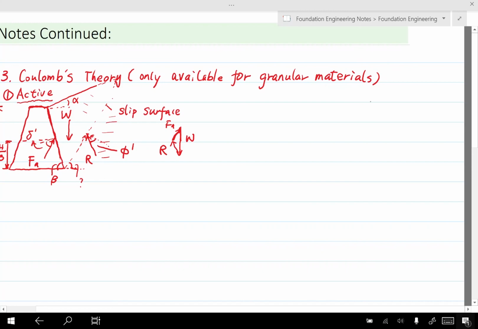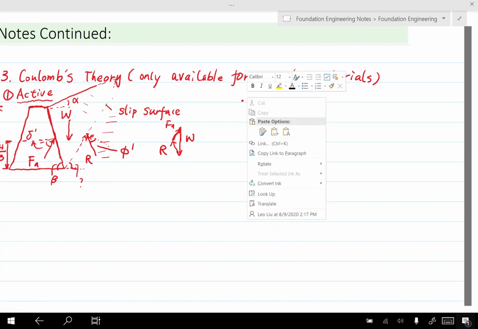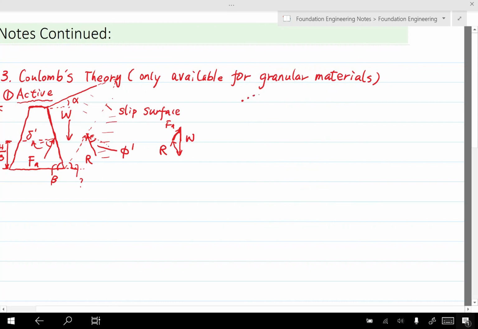And people found that it happens in this way. We try one angle, we will get one FA value. We try another angle, we get another FA value. And if we connect all the FA values together, we will get a curve like this. The FA value that we want, in this case, is the maximum FA value. So this is the real FA.